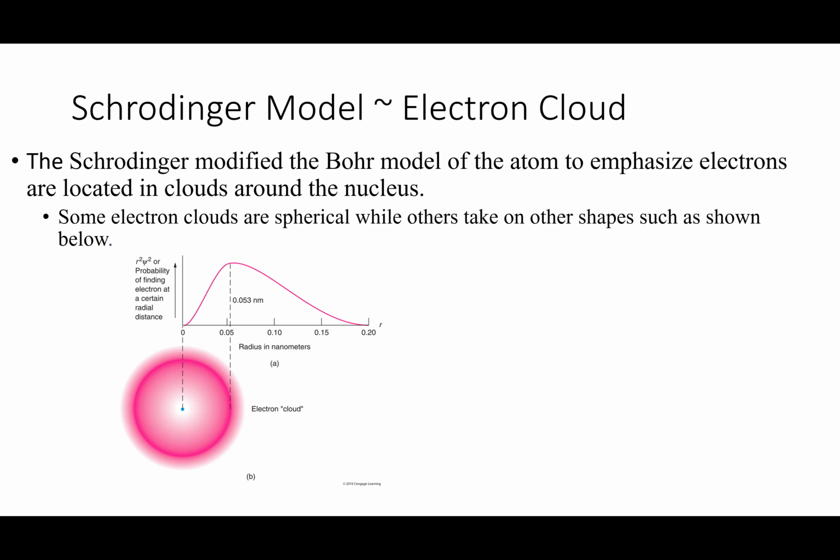Bohr's model looks like the sun in the middle, which is the nucleus, and then the electrons kind of orbiting, and that's not how it works. So Schrodinger came up with this sort of cloud. This is the nucleus, the blue dot, and then this cloud-looking thing shows the probability of finding an electron or two.